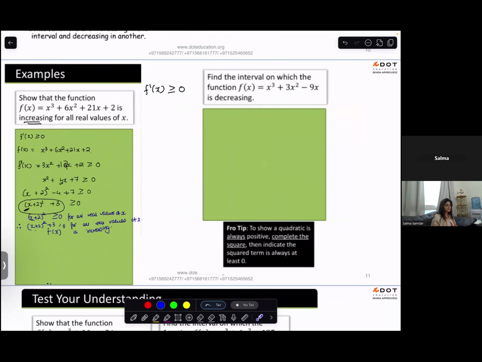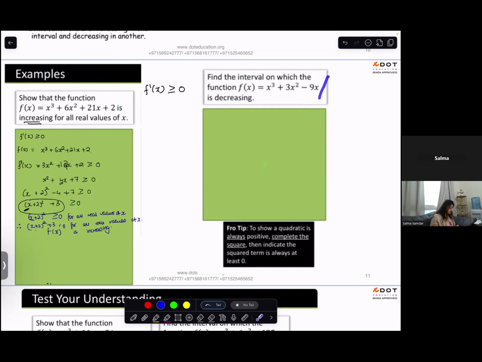They have mentioned that the function is increasing. Even over here, they mention it is increasing. Even over here, they mention it is decreasing. But did you find x in this question? No. This one is asking us to find the interval, so you're going to find the value of x.